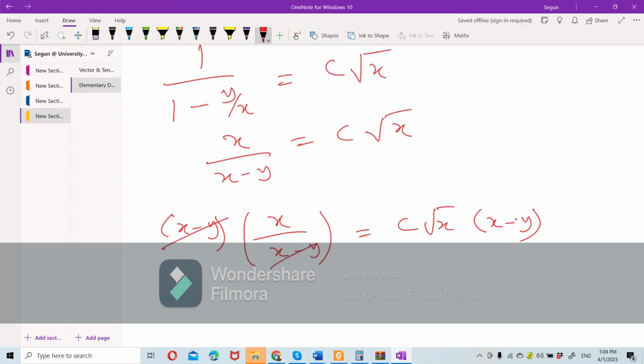So this goes with this. Then I have x equals c square root of x into x minus y.